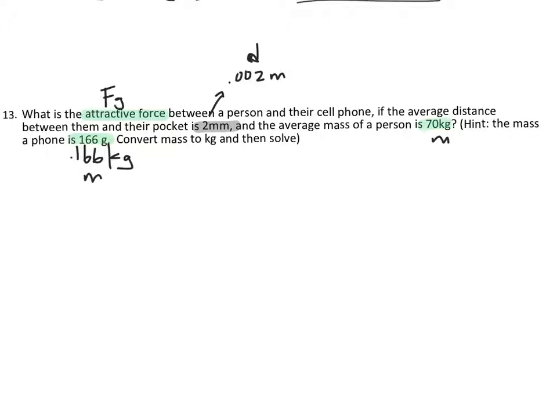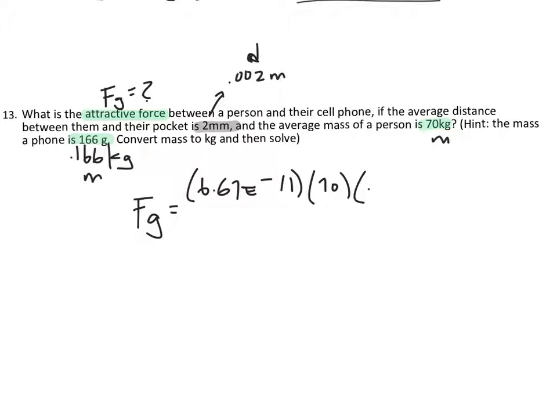between those two objects. Okay, so the same equation. Force of gravity is equal to big G, which is 6.67 times 10 to the negative 11 times the first mass, which is the mass of the person, times the second mass, which is the mass of the cell phone, which we converted to 0.166, all divided by the distance, which we also converted to meters as 0.002 squared.